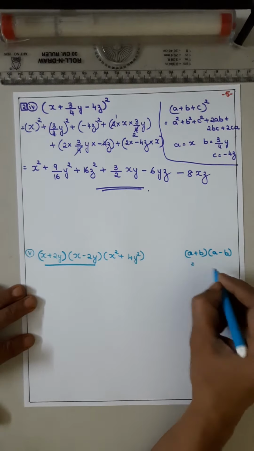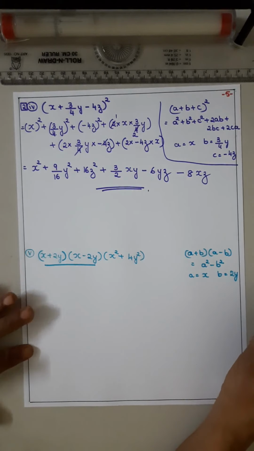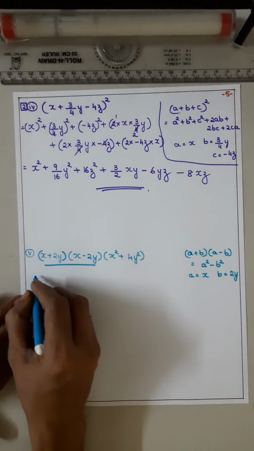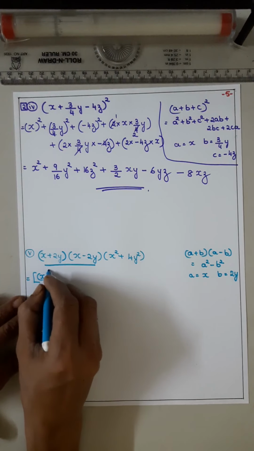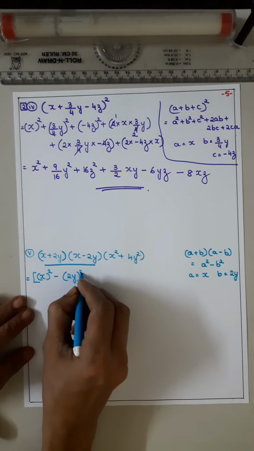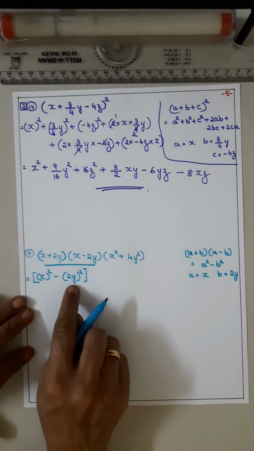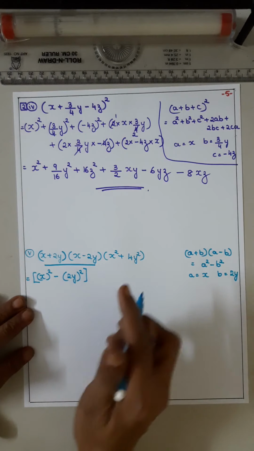So a is how much? X, and b is what? 2y. Okay. Now this is a squared minus b squared. So in place of a, x, and in place of b, 2y. So bracket 2y the whole square.